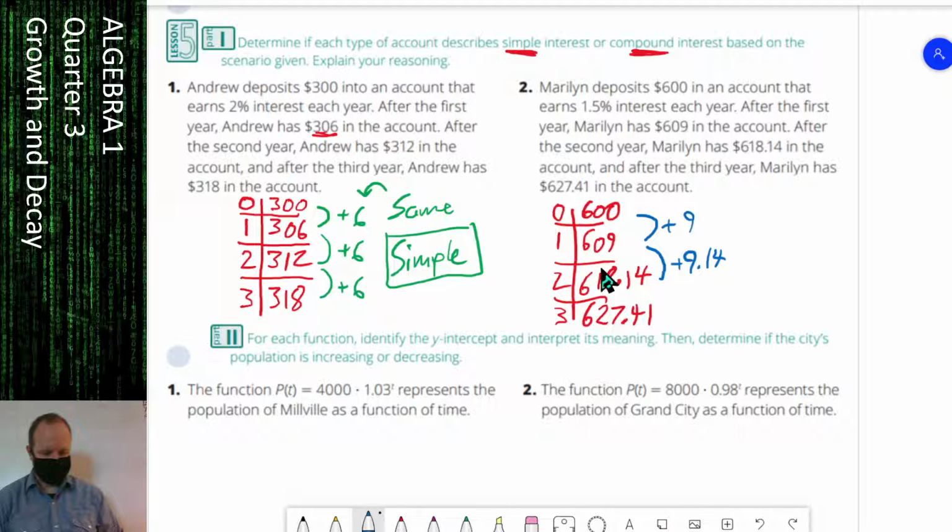So the whole numbers are staying the same. It's 9 each time, adding 9. But there's a little bit more each year, right? What's 41 take away 14? I think it does end in a 7. And it's a 20, 27, yeah. Not the same, right?